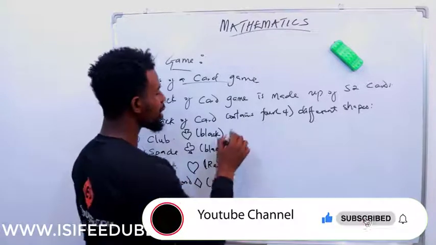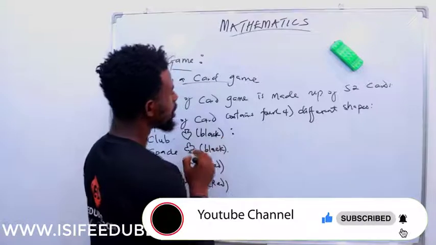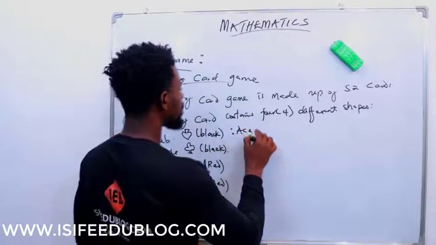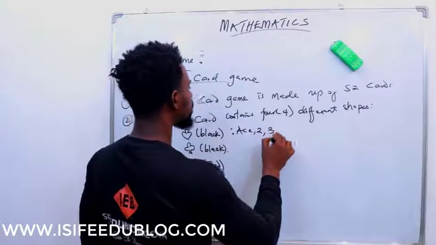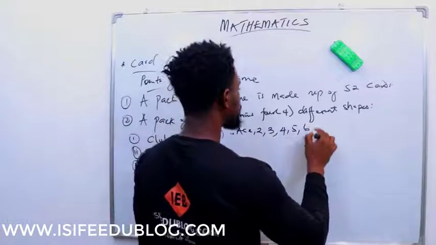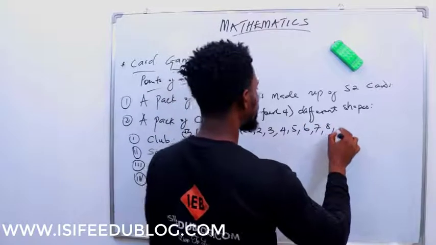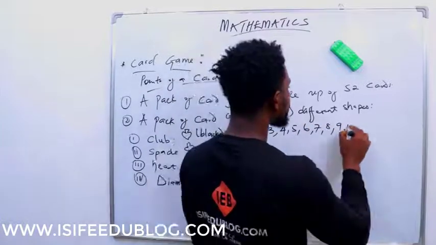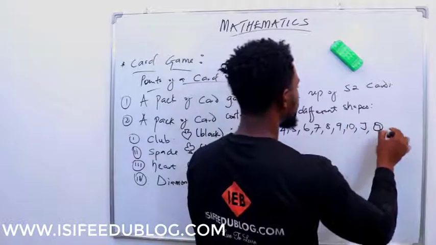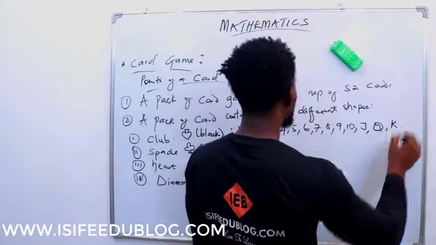And each shape is made up of an ace, 2, 3, 4, 5, 6, 7, 8, 9, 10, the jack, the queen, and the king.